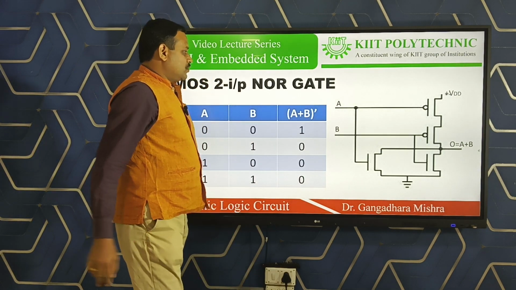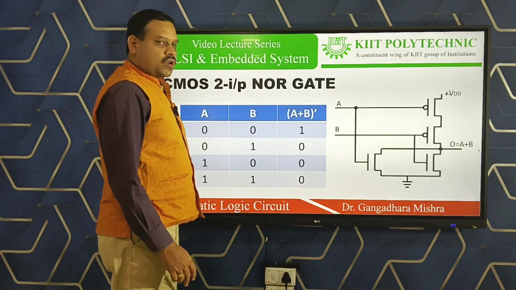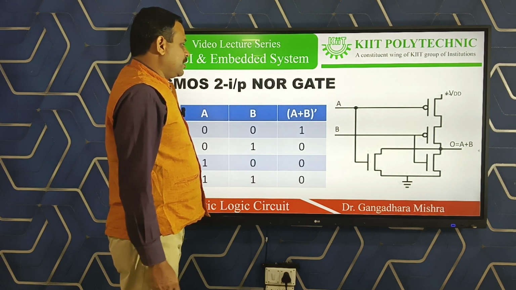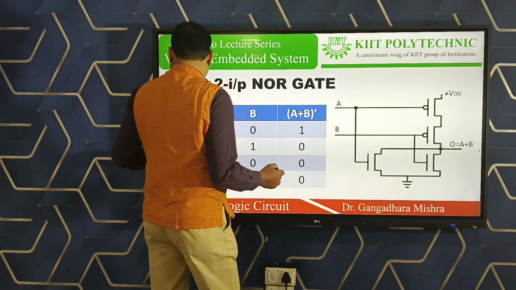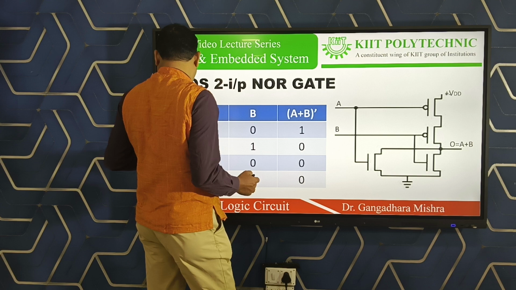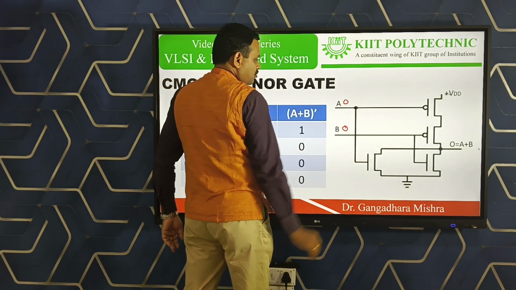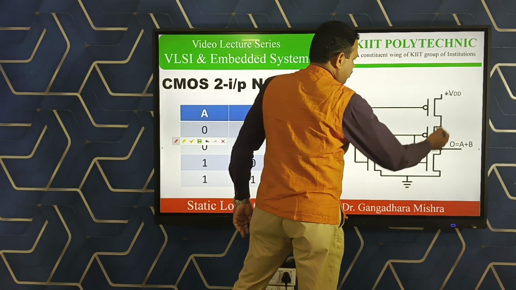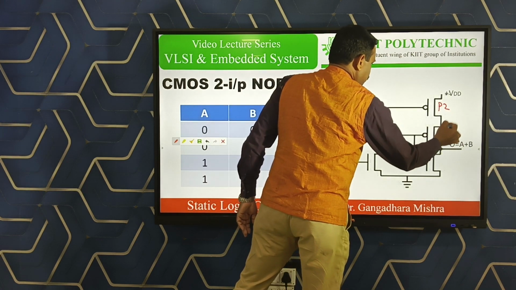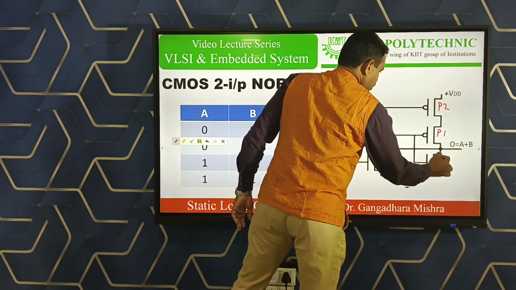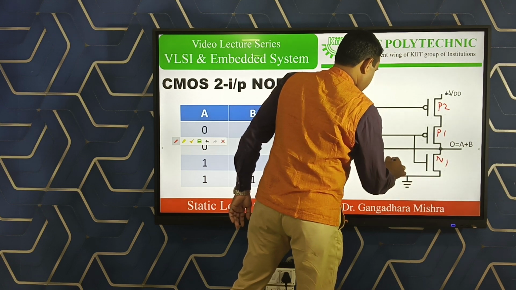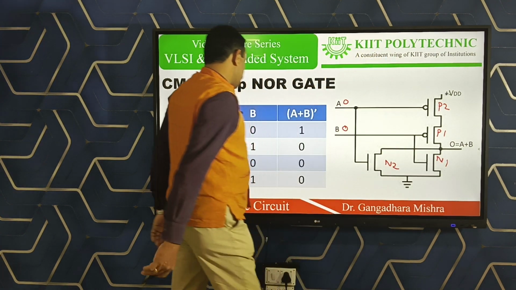Yeah, dear friends. So for the first input condition, logic 0 0 at the input. So now A is 0, B is 0, and the transistors are P2, P1, N1 and N2.